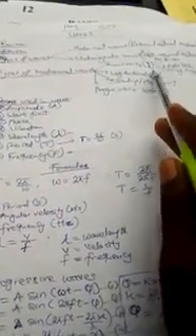Now go back to mechanical waves. Mechanical waves require material medium for their propagation. Types of mechanical waves: we have transverse wave. Transverse wave is the type of wave that travels perpendicular to the material medium.